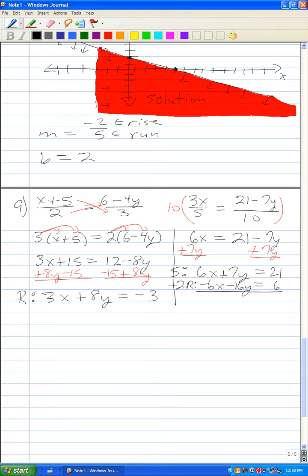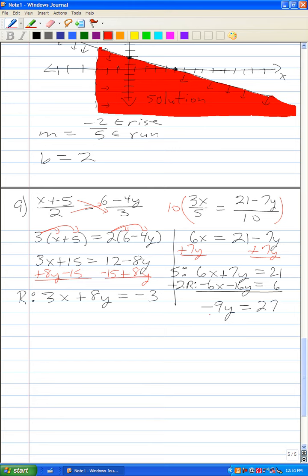So multiply everything here by -2. And so let's add this. So I get -9y = 27. The 6 x's cancel.